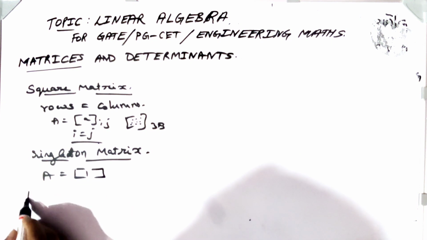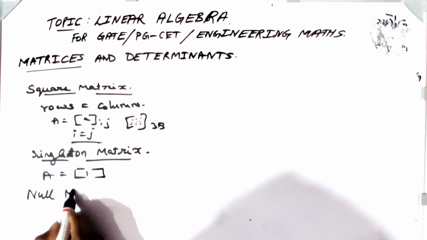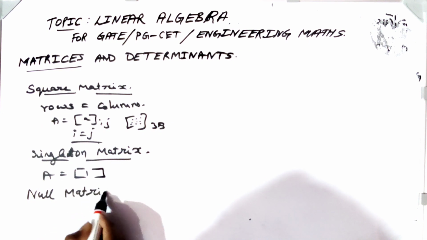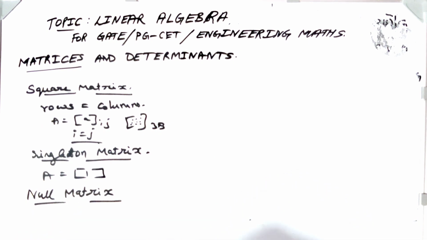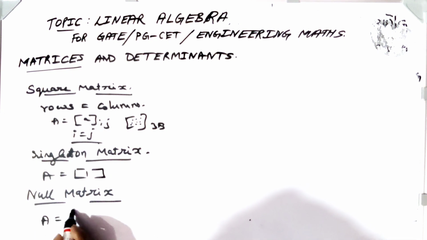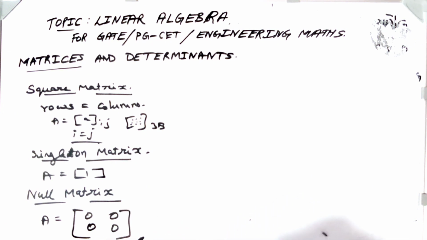The next type of matrix is the null matrix. A matrix is said to be a null matrix if all the elements of the matrix are 0. A is said to be a null matrix if all the entries inside matrix A are 0.